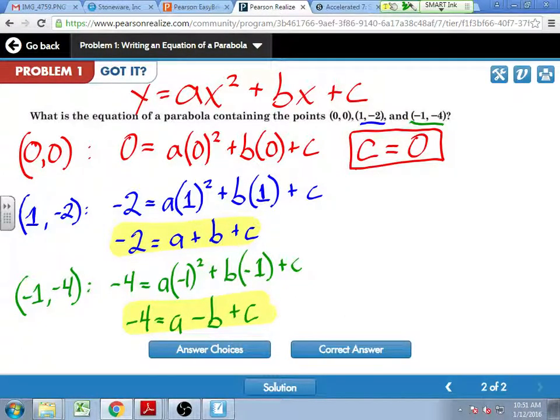Those two highlighted equations are the equations that I'm going to use as we move forward.